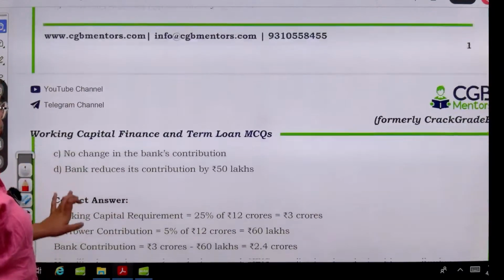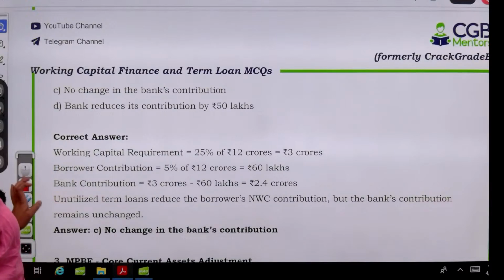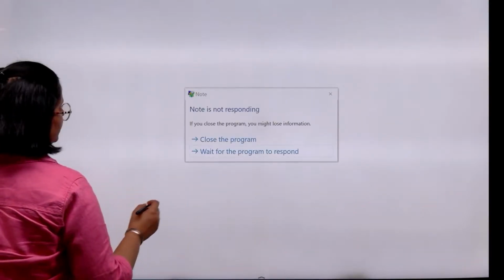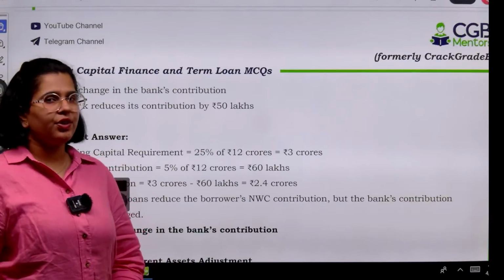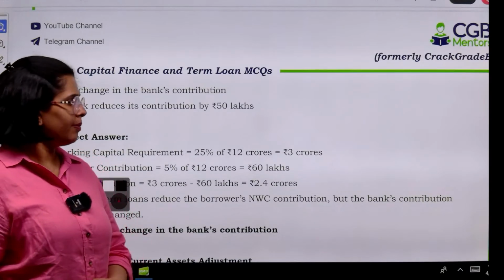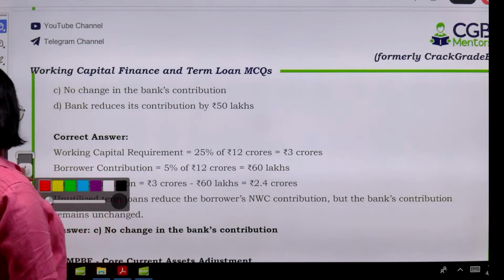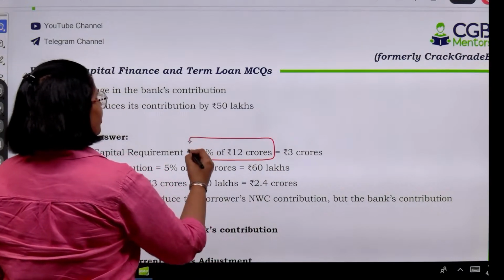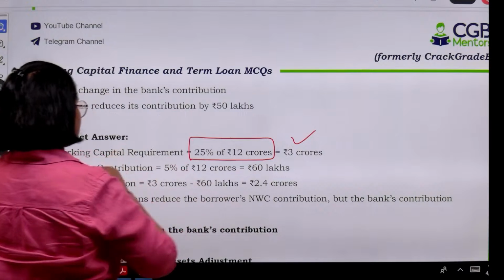Let's see the solution. So working capital requirement, what would it be? 25% of 12 crores. Now imagine the situation: 25% of 12 crores, this is the working capital which is required.